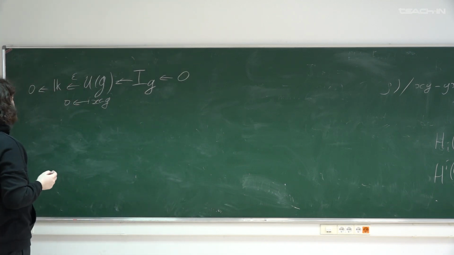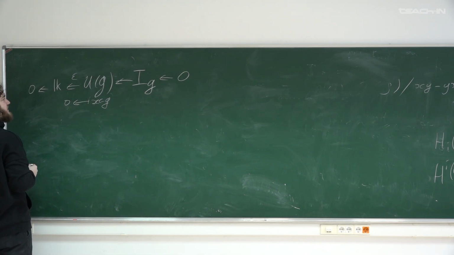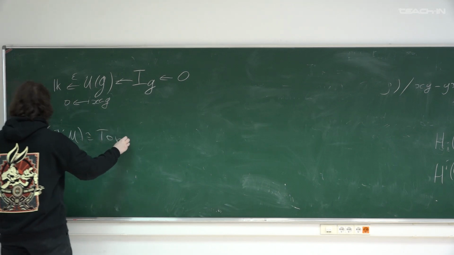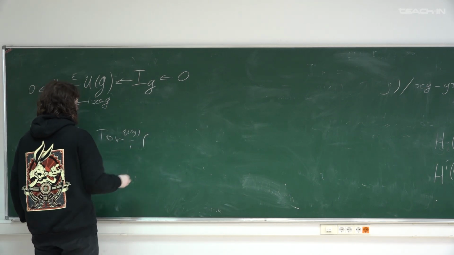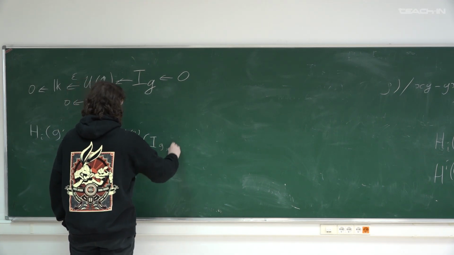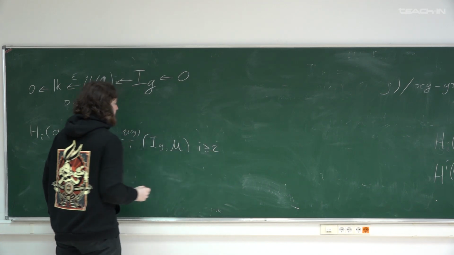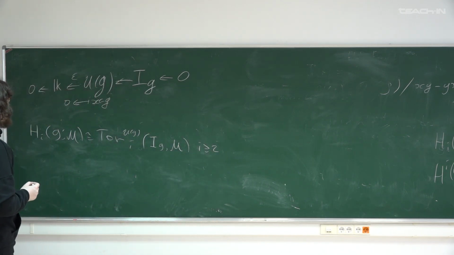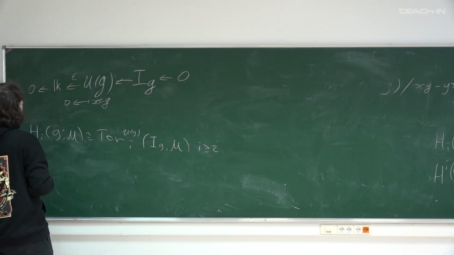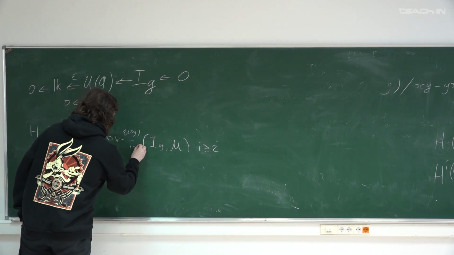From this, by the long exact sequence in homology and cohomology, we obtain, for example, that homology of G with coefficients in M is isomorphic to Tor between the augmentation ideal and M for degree greater than 1, because this is a free module.